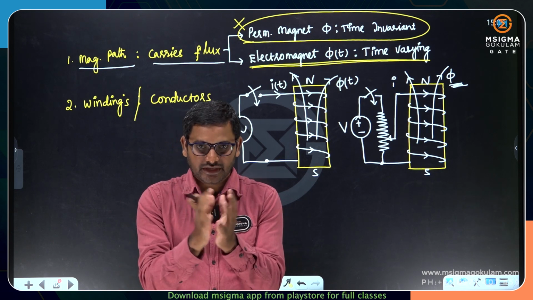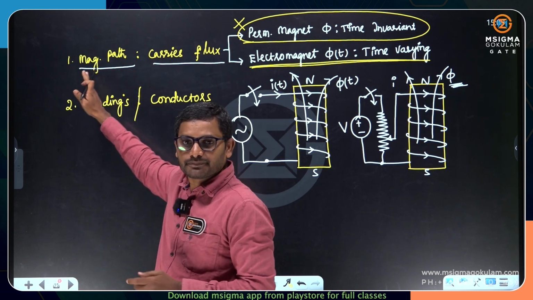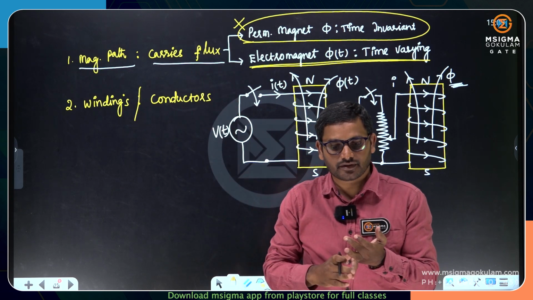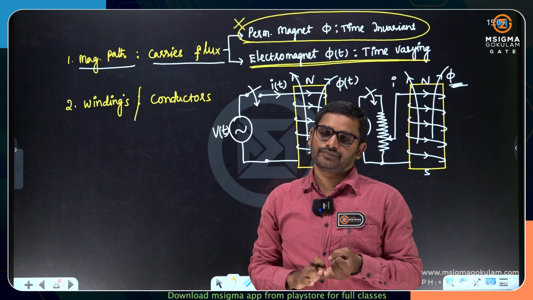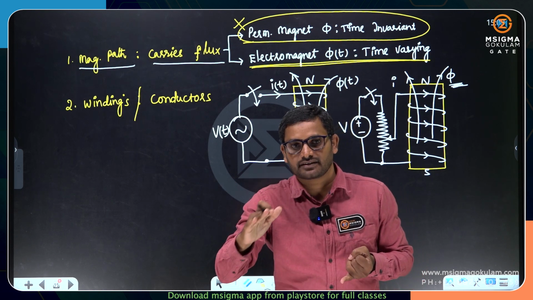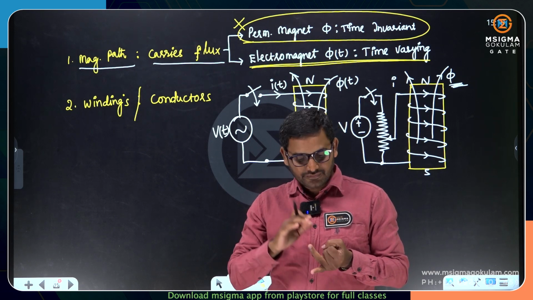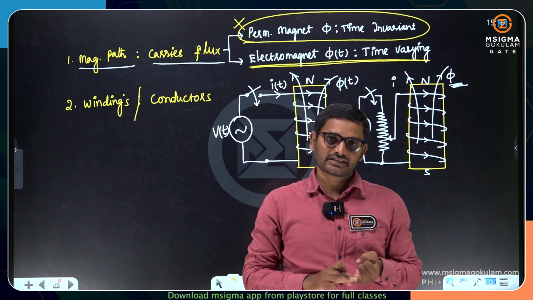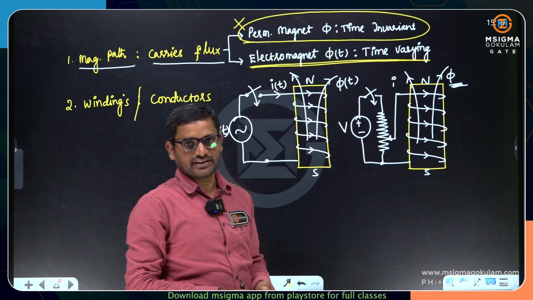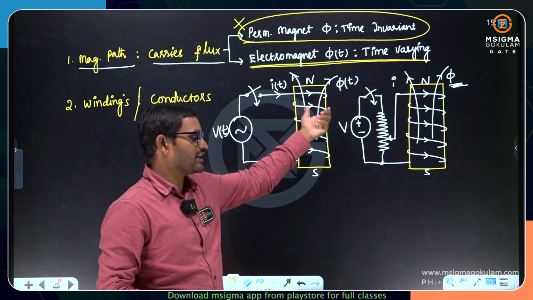So I can just put the point together, I am repeating. The magnetic path carries flux lines. The flux lines you can choose from a permanent magnet or an electromagnet. We don't choose a permanent magnet because it gives you a constant magnetic field. We cannot change it. Therefore, we choose an electromagnet, and electromagnets are of two types again. One is AC energized, another one is DC energized. If it is AC energized, it's a time varying magnetic field.